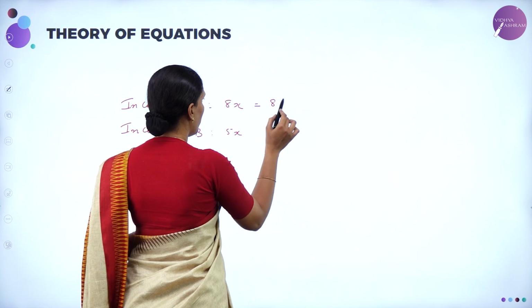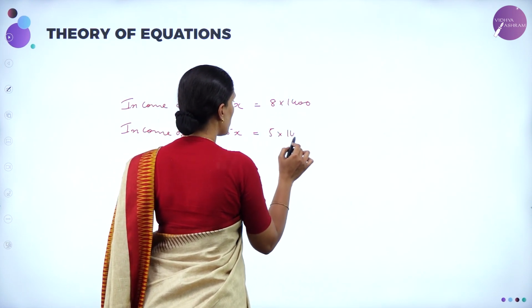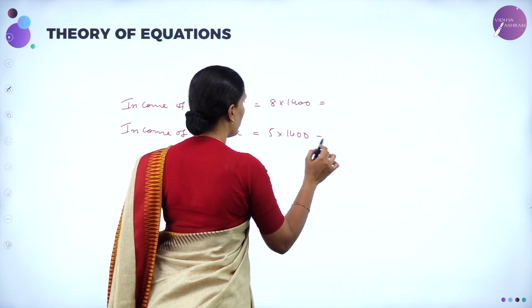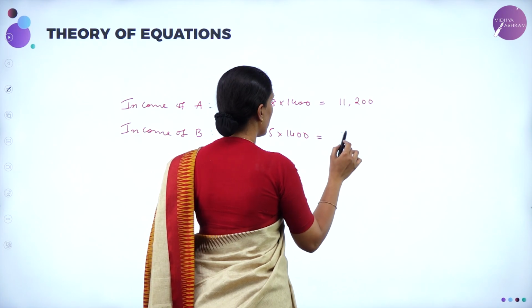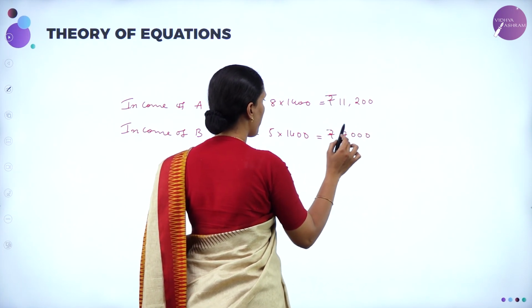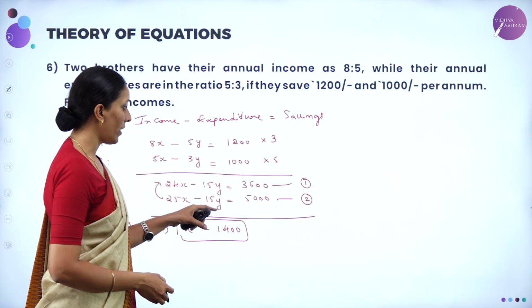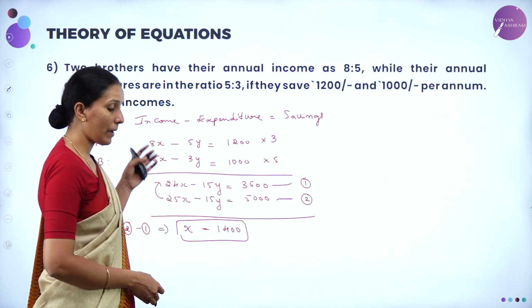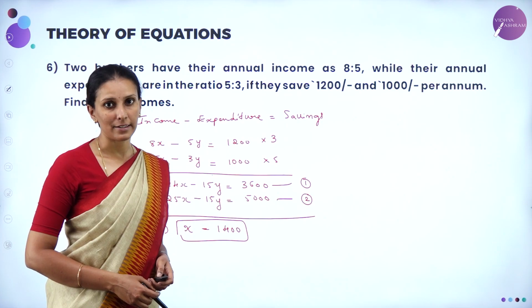That is equal to 8 into 1,400, 5 into 1,400, which is equal to 11,200 and here 7,000, in terms of rupees. Now if we need the expenditure, we need to find out the value of y. So we can cancel x by using the elimination method, so that we'll get y and we can find their expenditures.